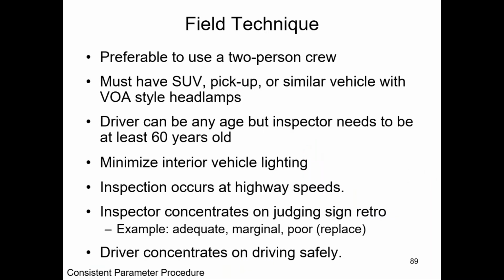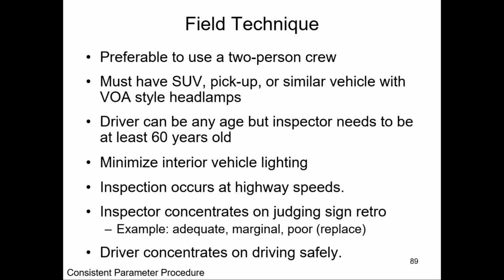Personally, I would recommend a two-person crew. Have a younger person be the driver, and then have the older person, 60 plus years old, be the inspector. Again, it has to be an SUV or pickup truck with the VOA style headlamps, and the driver can be any age, but the inspector has to be at least 60.